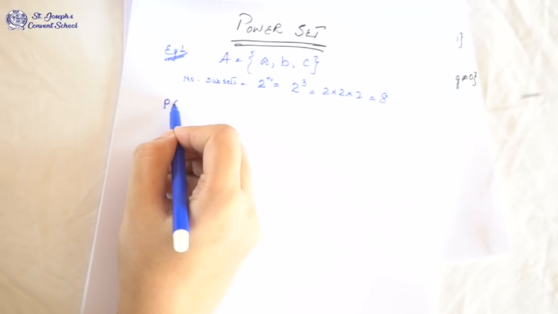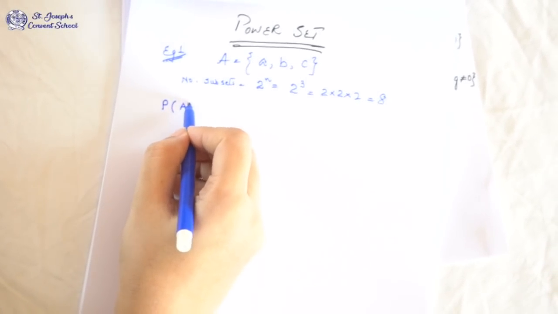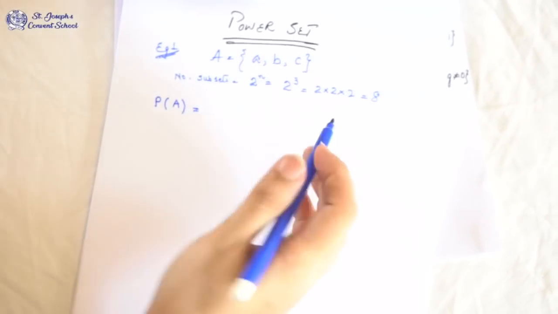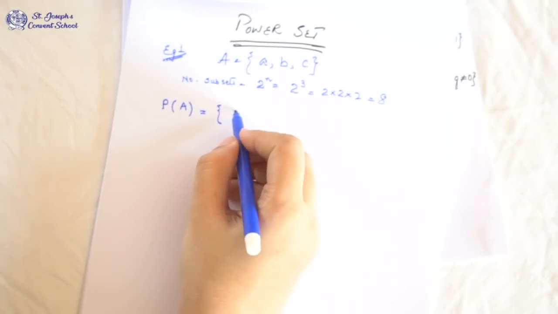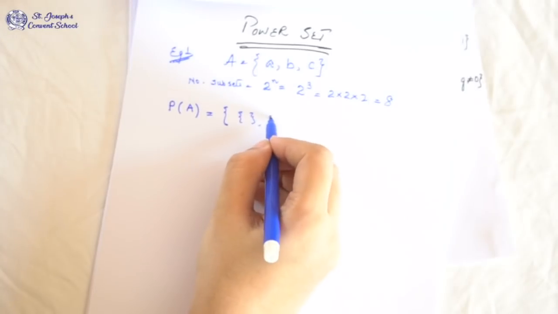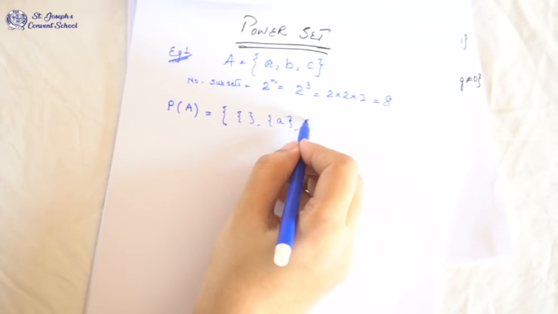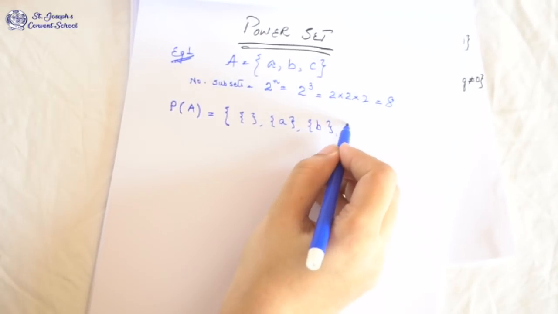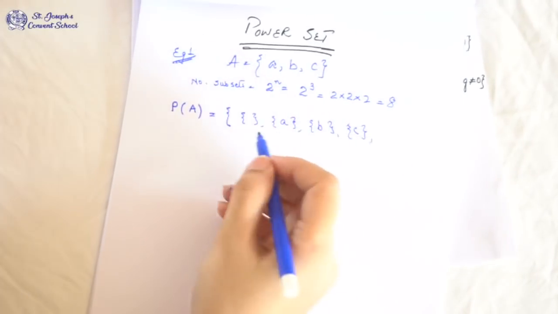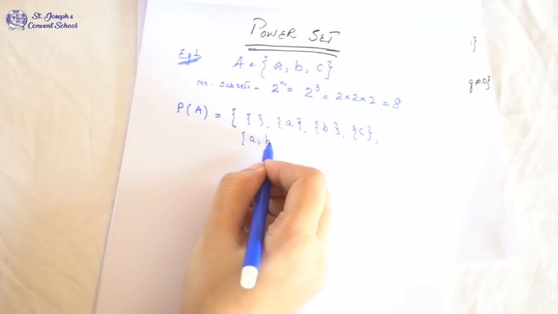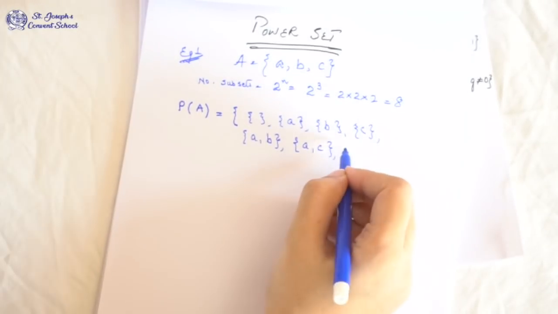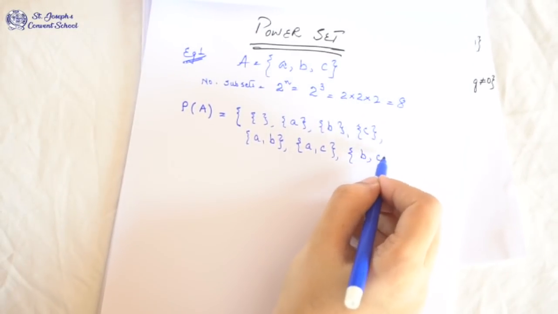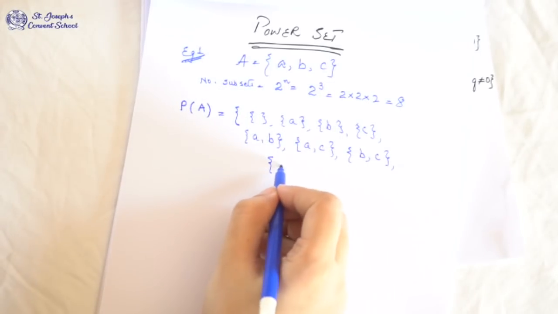P then A. The power set of A is equal to, start with a curly bracket, then write the null set, then one element, one element, then two elements, two elements, and in the end the last same set.